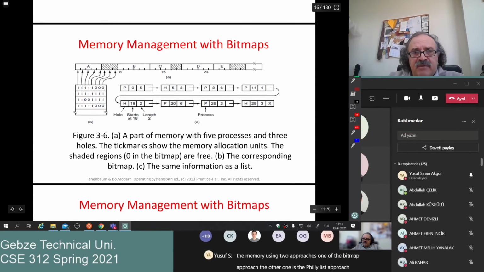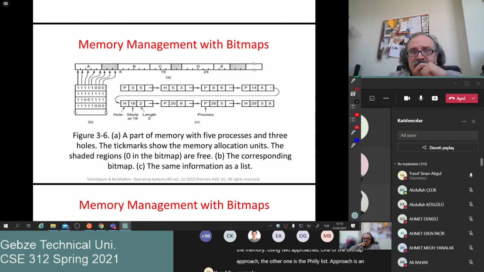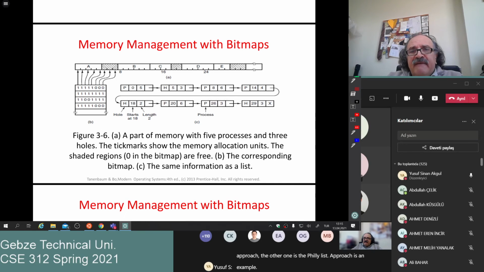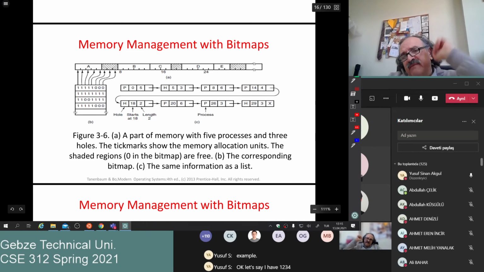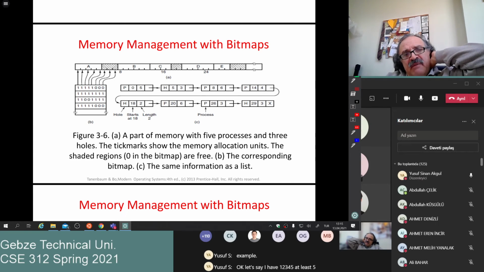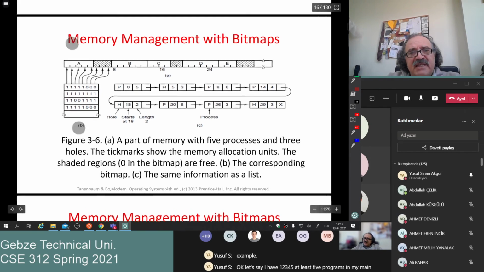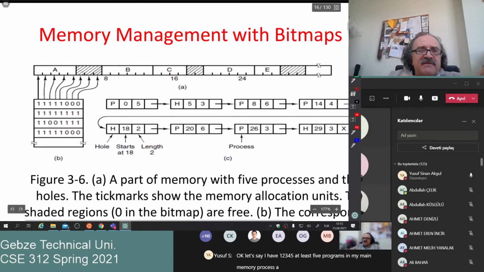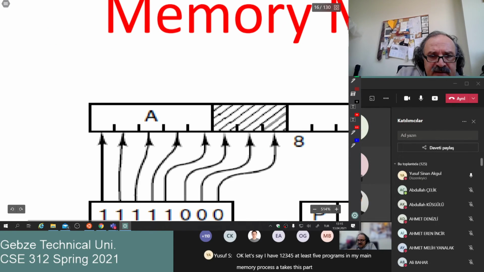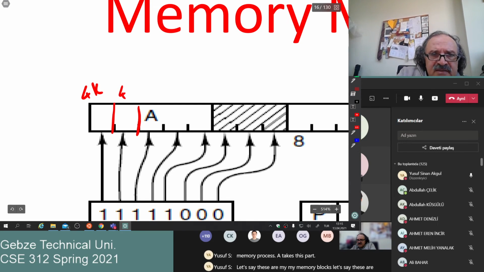Here is an example. Let's say I have at least 5 programs in my main memory. Process A takes this part, and let's say these are my memory blocks, each of 4 kilobytes.